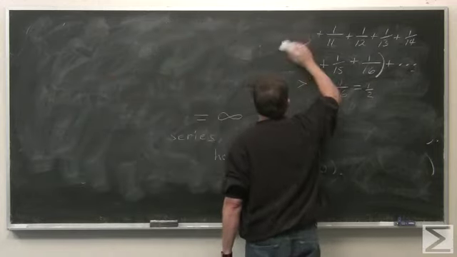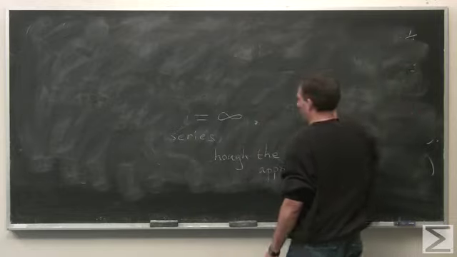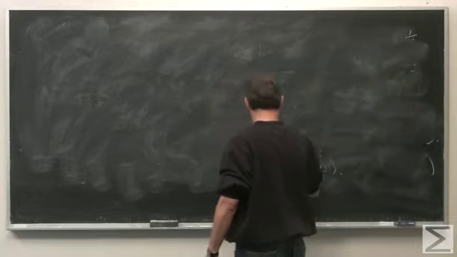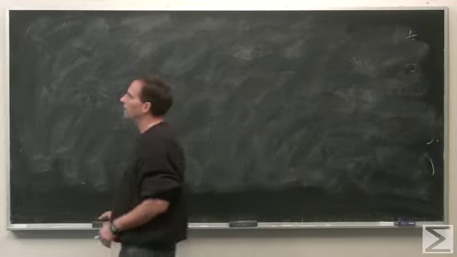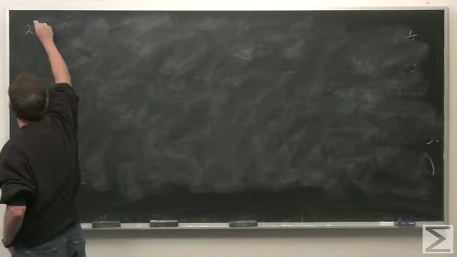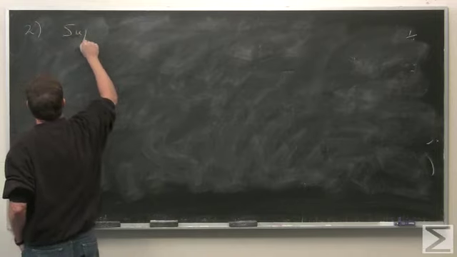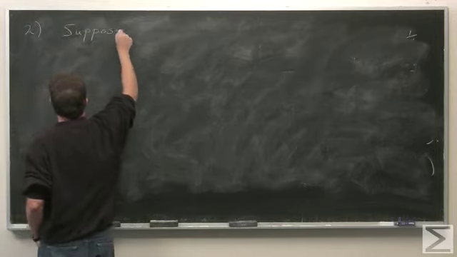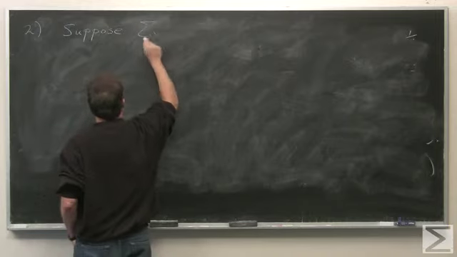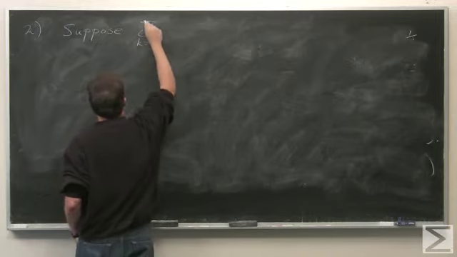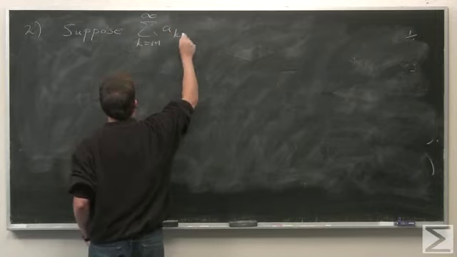And then there's summing two convergent series, although I'll write things in a slightly more general way. Suppose you have a convergent series. So suppose the sum as k goes from m to infinity of a_k converges.